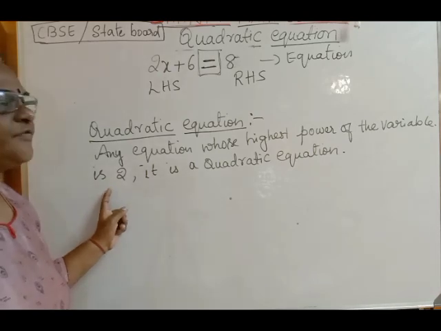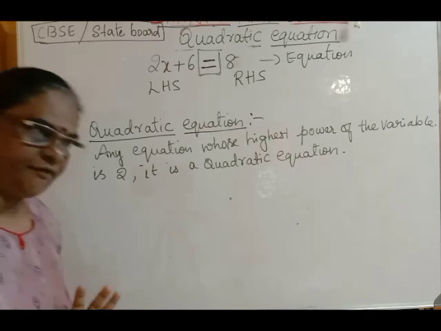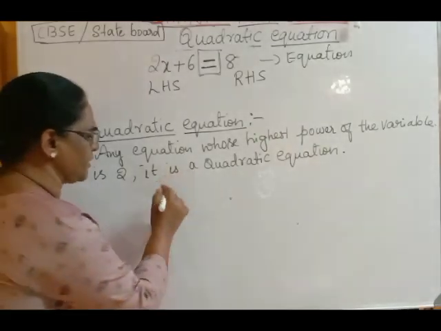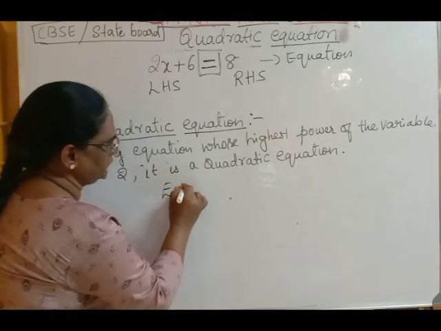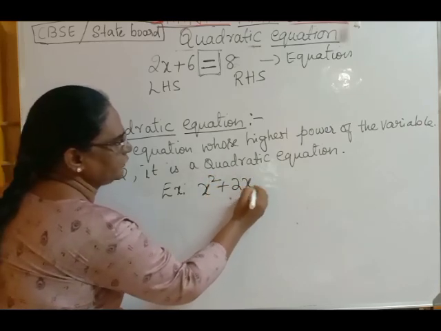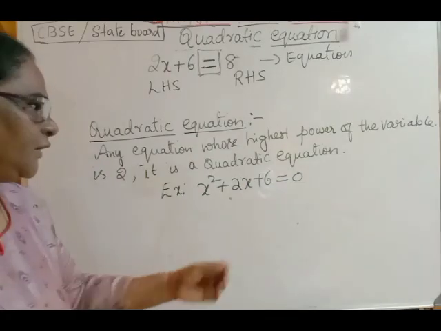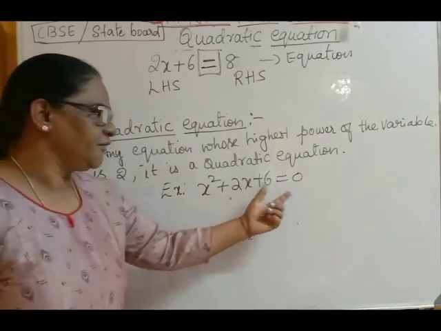If the highest power of the variable is 2, then we call it a quadratic equation. See, I will write some examples here. x square plus 2x plus 6 is equal to 0. So this expression I have equated to 0.